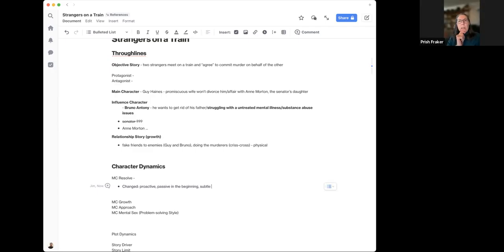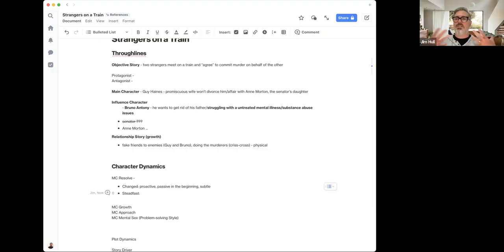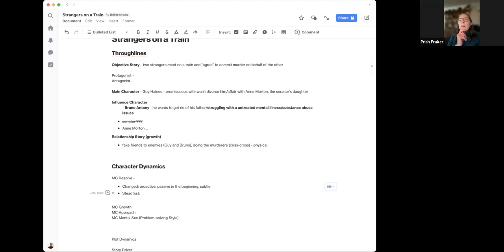I felt he was steadfast because the influence character kept trying to get him to take part in this, and he refused more and more and more. Okay, but how does he remain steadfast? No, without referring to the influence character. Oh, okay.